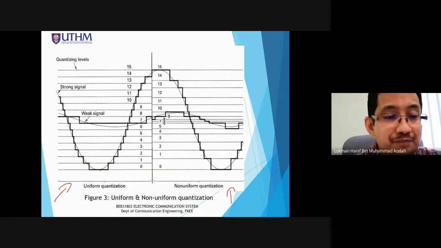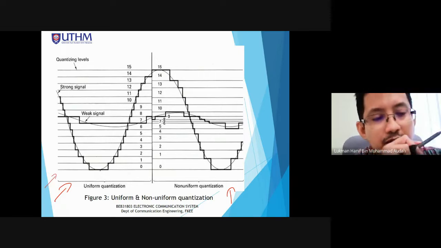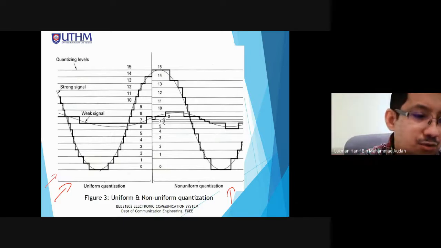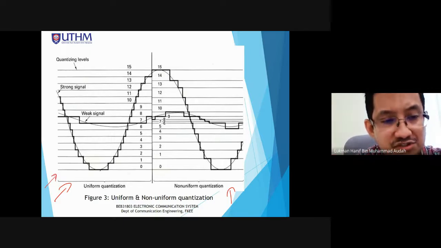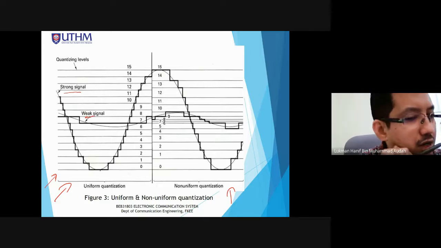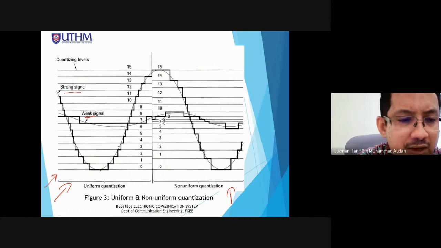Okay, dia berubah-ubah. Gambar di sebelah kiri ada dua jenis signal, sama juga gambar di sebelah kanan. Untuk gambar di sebelah kiri, uniform quantization, we have strong signal and also weak signal. For strong signal we can assign many quantization levels, which is good.